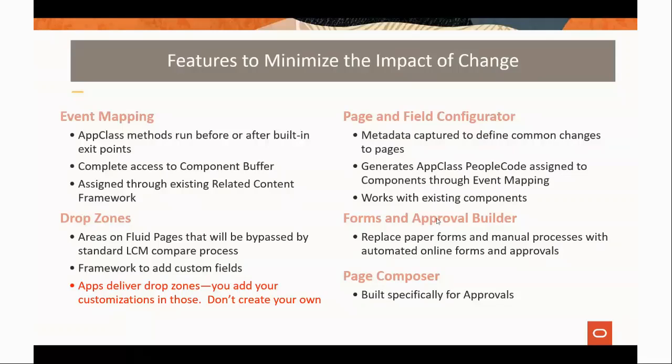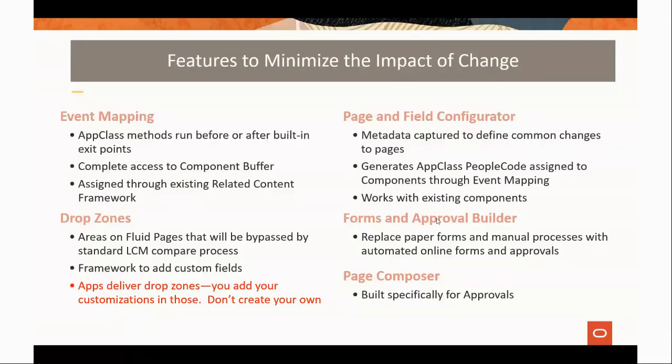It doesn't require any coding or anything like that. Under the covers, not many people may know this, but basically this generates event mapping, which I'll talk about a little bit more in a minute. But it's a very simple way to make the most common changes. And in fact, if you're not familiar with Page and Field Configurator and you want more information on it, there is a session dedicated to that at Reconnect today.